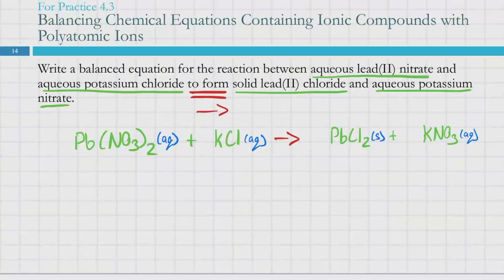So we're swapping the lead and the potassium, or we're swapping the nitrate and the chloride, whichever one you want to think about we're swapping. These ones don't usually follow our rules that we saw earlier very nicely. So for double replacement reactions, my recommendation is pick one chemical that isn't balanced.